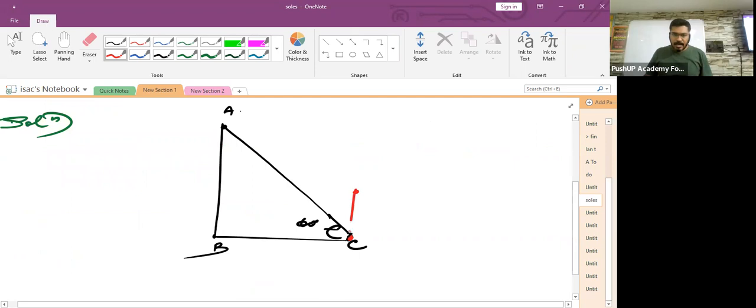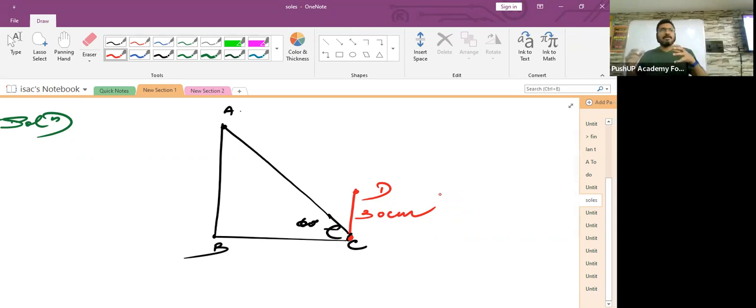That means I can plot a point D over here, where the distance from C to D is 30 meters. Makes sense, no, children? Divide the sentences into smaller fragments so that you can understand the concept. Understand the meaning of the question. So where was the first point of observation? At point C. From that point C, vertically above 30 meters.